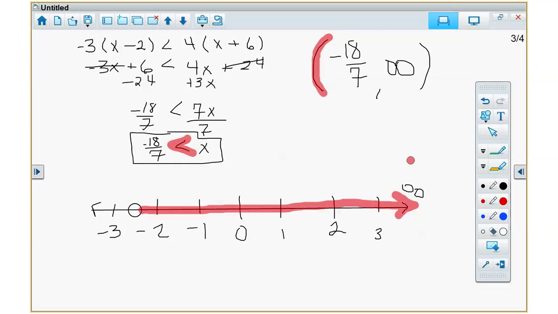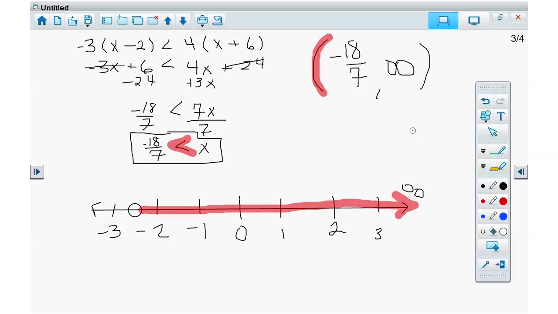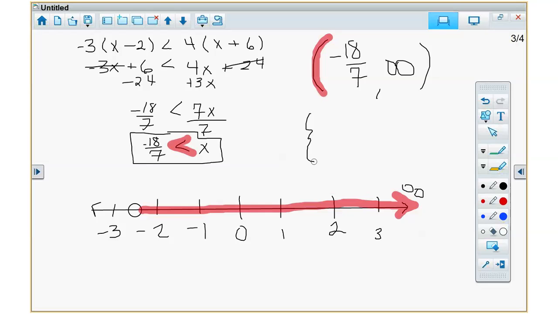Now, what is set notation? Well, set notation is real easy. All you got to remember is braces. And put an X such that. Okay? Braces, X, and then a line. That means such that.